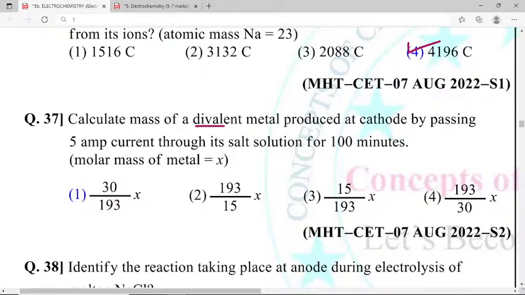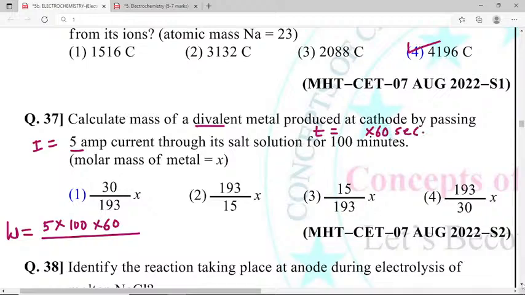We have to calculate W. W is equal to the current, 5 ampere, multiplied by 100 multiplied by 60, because this is the current in ampere and the time in minutes multiplied by 60 gives seconds, divided by 96500, multiplied by the mole ratio 1 by 2 for divalent, multiplied by molar mass X. Put the value and solve.